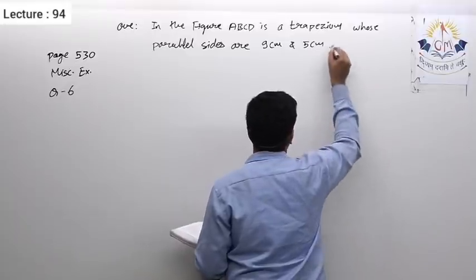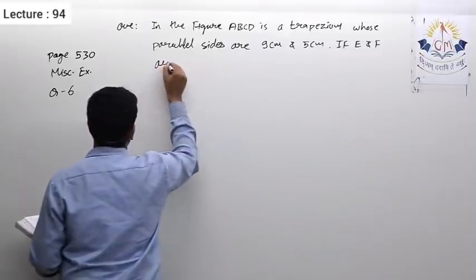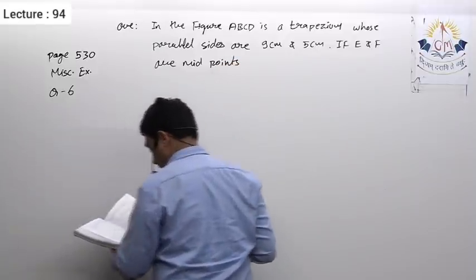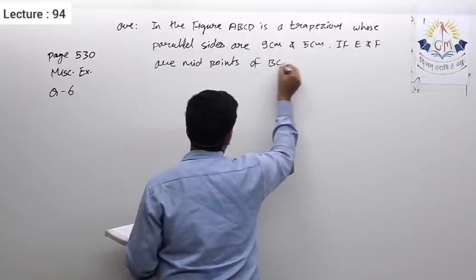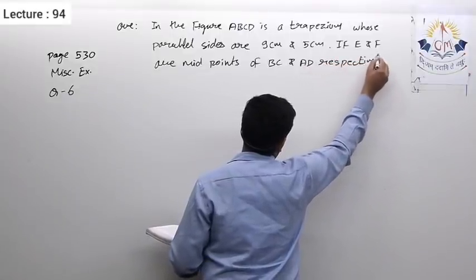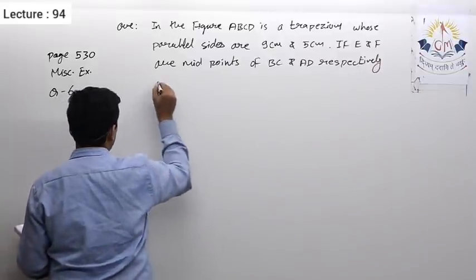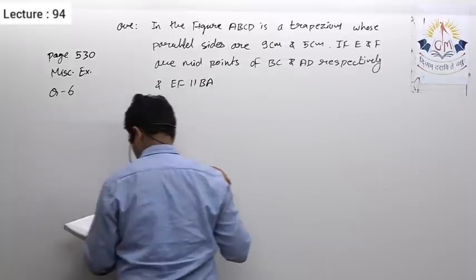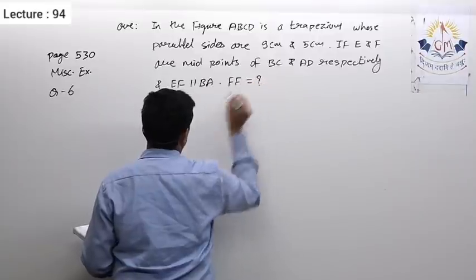If E and F are midpoints of BC and AD respectively, and EF is parallel to BA, then find the length of EF.